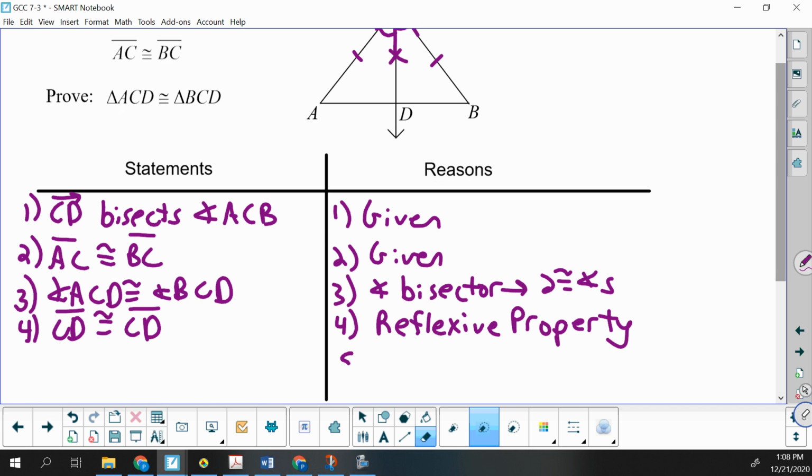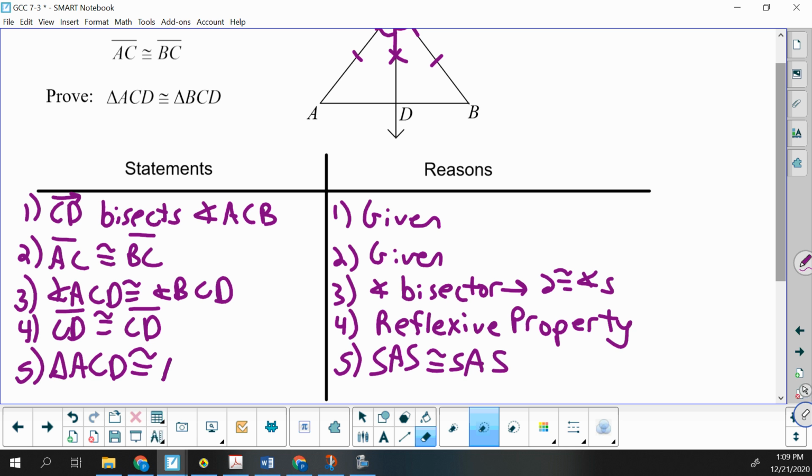So our reason is going to be side, angle, side. And our statement will just be our proof statement: triangle ACD is congruent to triangle BCD. And that's it. We've proved that the triangles are congruent.